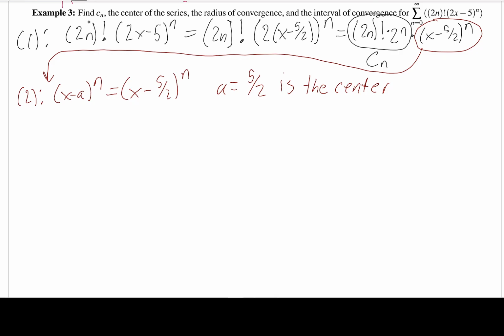Again, I'm doing this part in black, this part in maroon, this part in blue. So let's go ahead and try to find our radius of convergence. Just like in the past, typically when we see factorials and we can't cancel anything out, our first step should be ratio test.